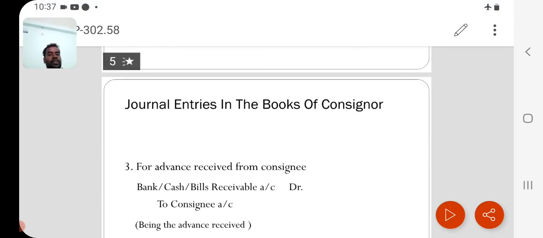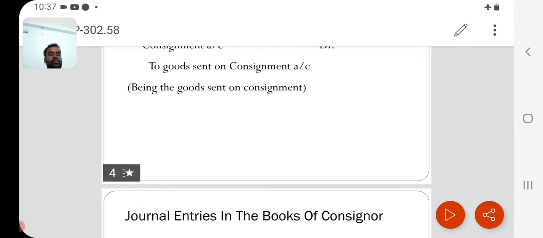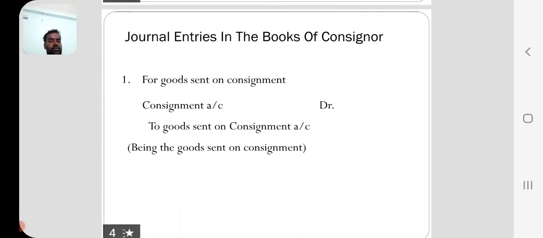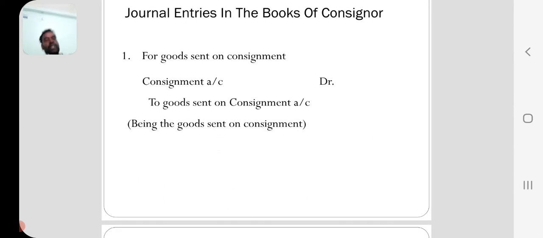So these are the journal entries. See here, for goods sent on consignment, who will send the goods to whom? The consignor will send the goods to the consignee. So the transaction is called goods sent on consignment account.